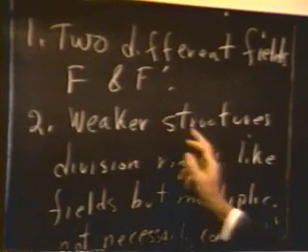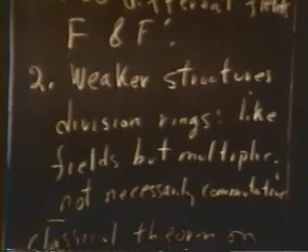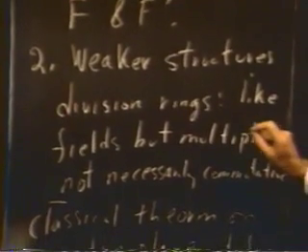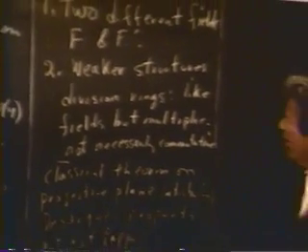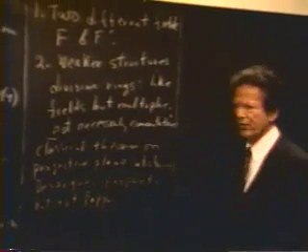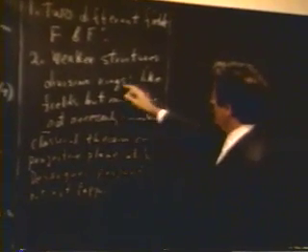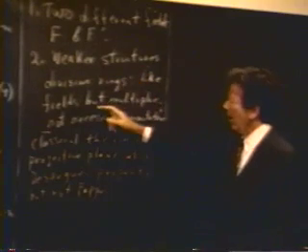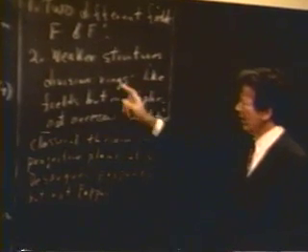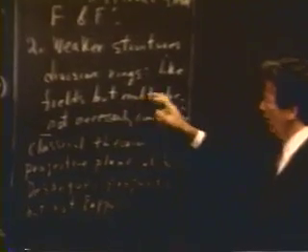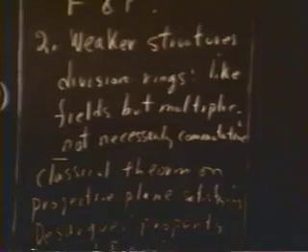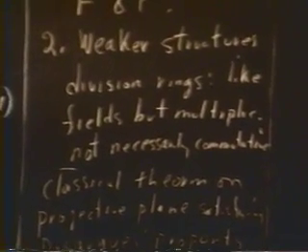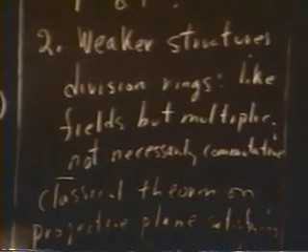The second generalization is perhaps more important. There's a long history of considering vector spaces over weaker structures than fields. A good example would be vector spaces over division rings. Vector spaces over division rings generalize in the following way: division rings are not necessarily commutative. And of course then we have to go back and be careful about the scalar multiplication from the left and from the right.